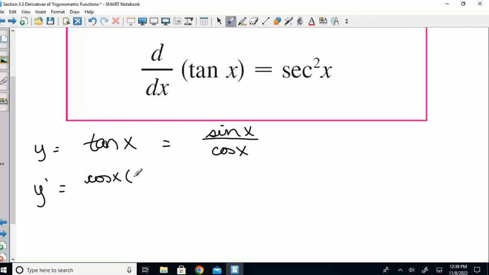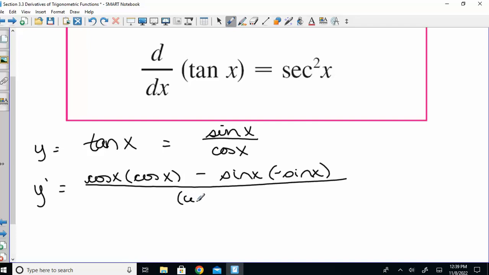Quotient rule is low d high. What is the derivative of sine? Cosine. Minus high d low. What is the derivative of cosine? Negative sine. Over low squared.